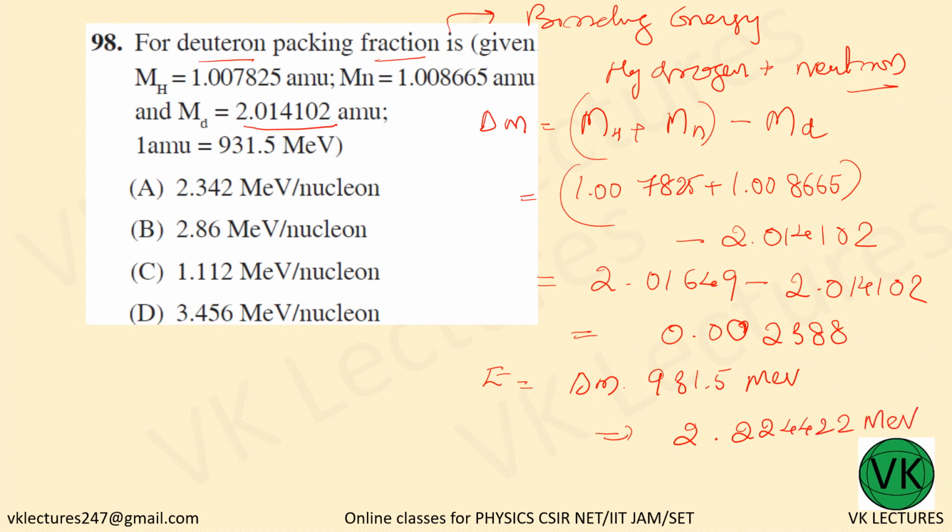Now this is for two nucleons, right? This is the hydrogen atom plus one neutron, so these are two nucleons. If you divide by 2, what you get is 1.1122 million electron volt per nucleon. So your answer is option C.